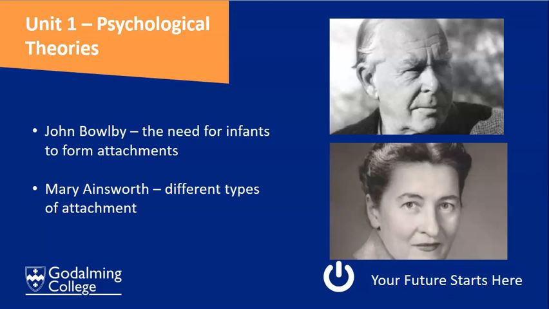And you'll learn about lots of other different theories about how people grow and develop, and you'll apply them to different scenarios. At the end of the year, you'll have a Unit 1 exam, which is 1.5 hours long, and you'll be tested on the human lifespan and development.